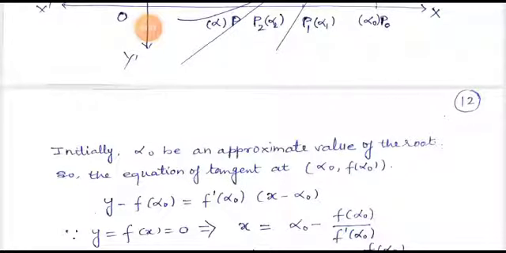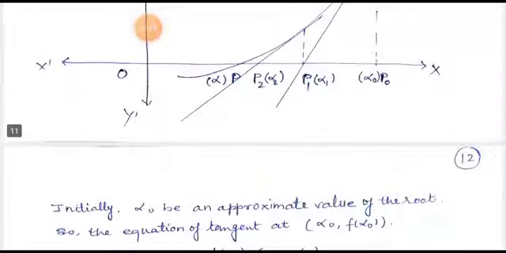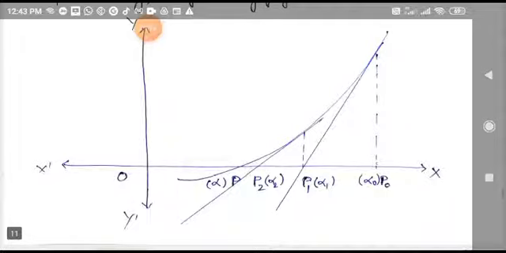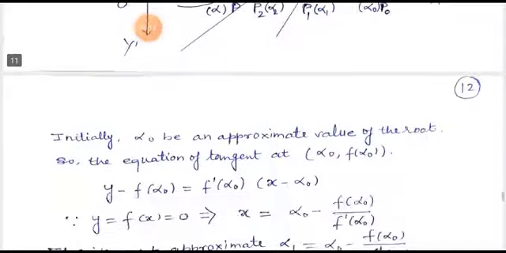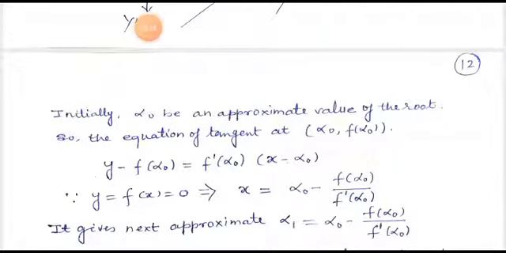Initially alpha 0 is an approximate value of the root, so the equation of the tangent at (alpha 0, f(alpha 0)), which is represented here, is y minus f(alpha 0) is equal to f dash(alpha 0) times (x minus alpha 0).